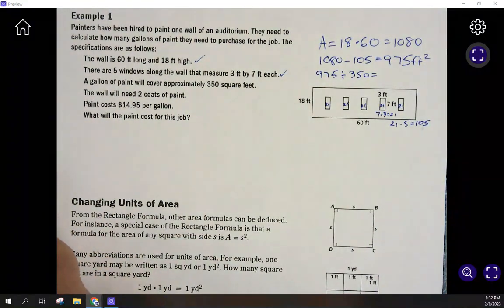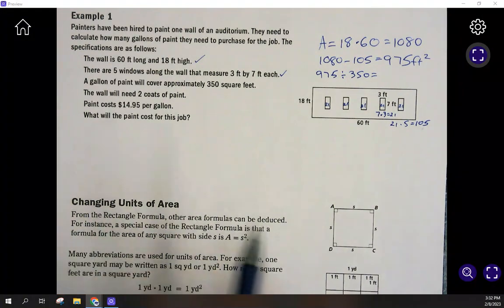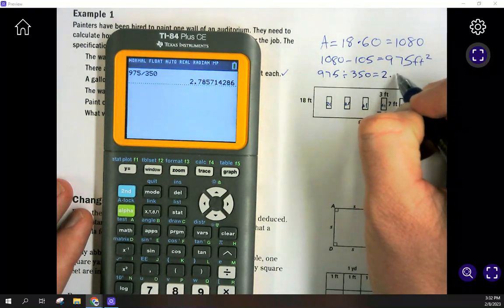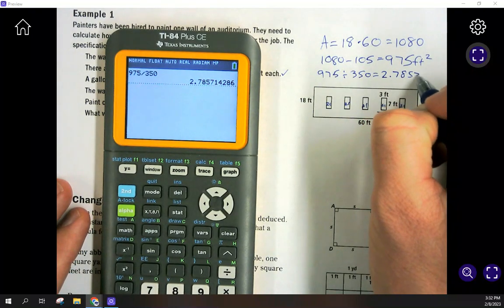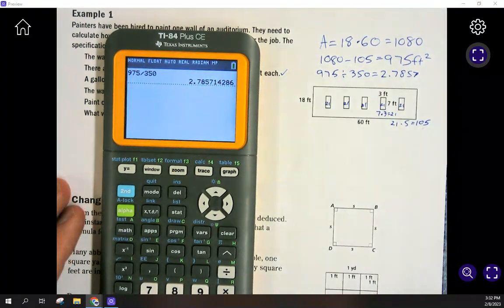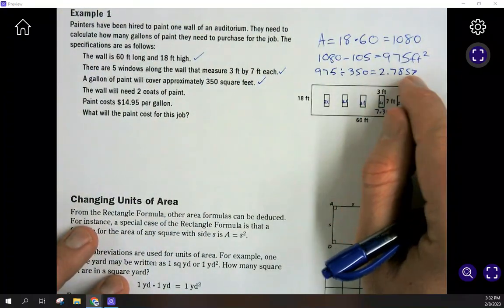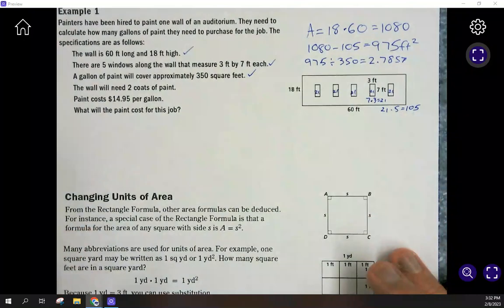That's 2.7857. I'll stop there. So that means it's going to take more than 2 gallons. So far we're needing 3 gallons of paint.